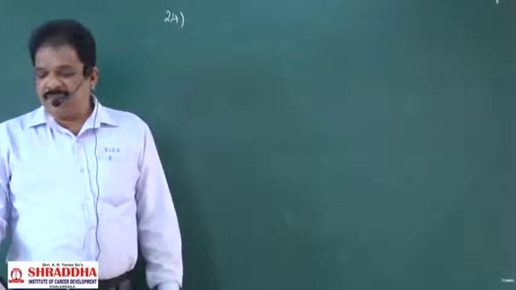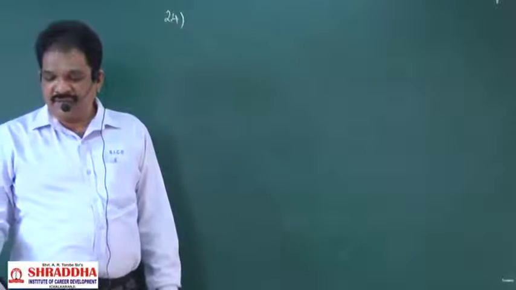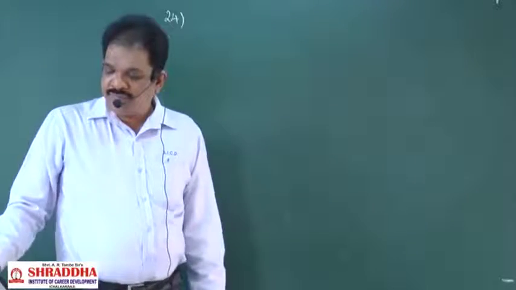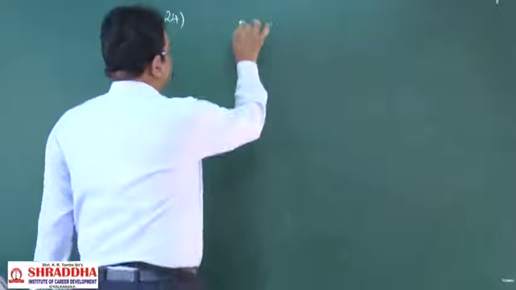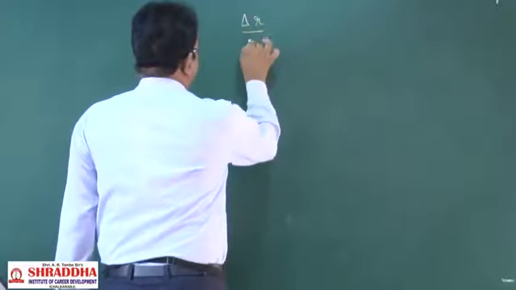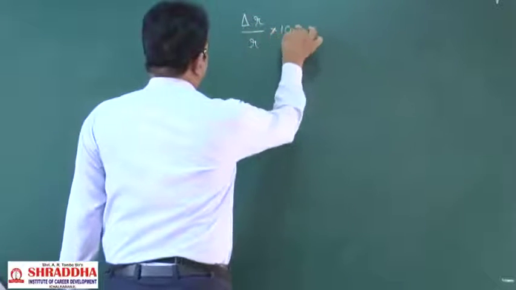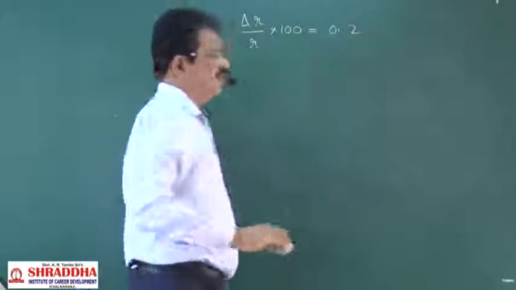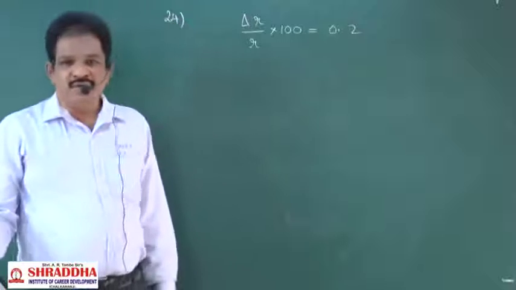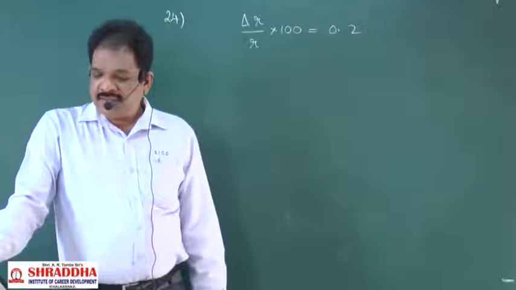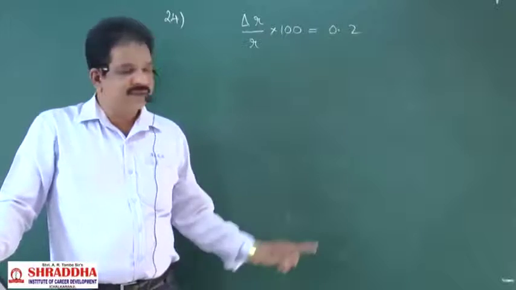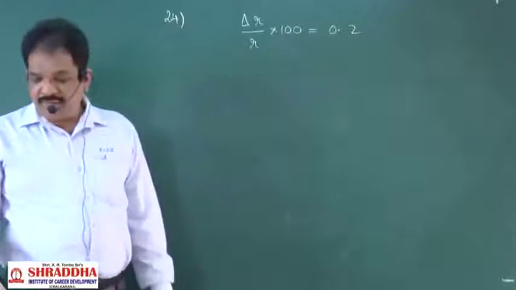Next, 24. Error in the measurement of the radius of the sphere is 0.2, so delta R by R into 100 is equal to 0.2.